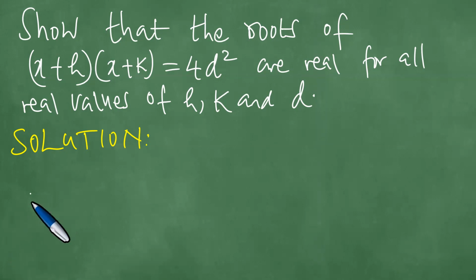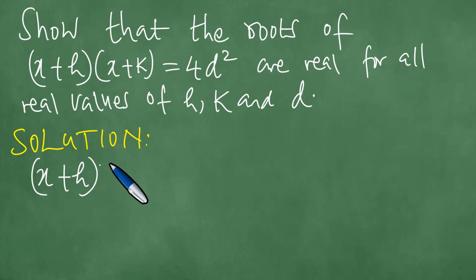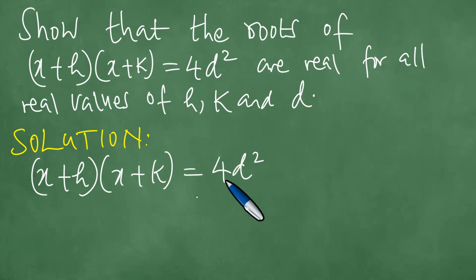To the world. Right, so you have x plus h, x plus k, and then 4d squared. Let's just do it quickly because it's very easy.